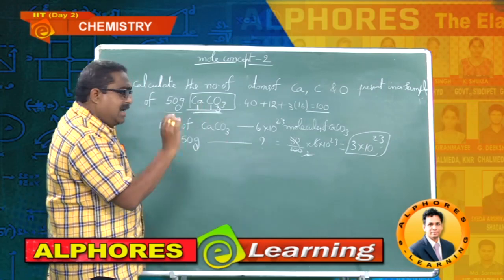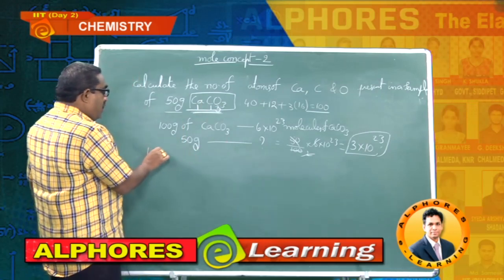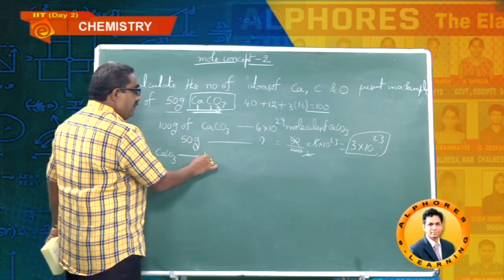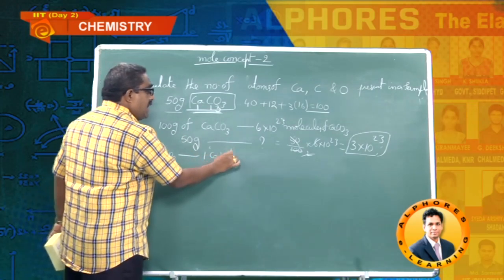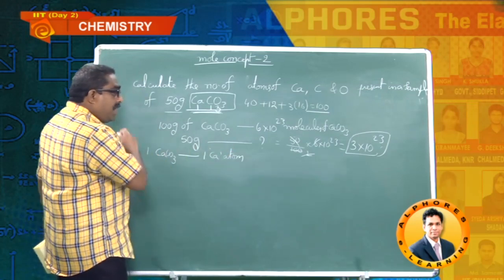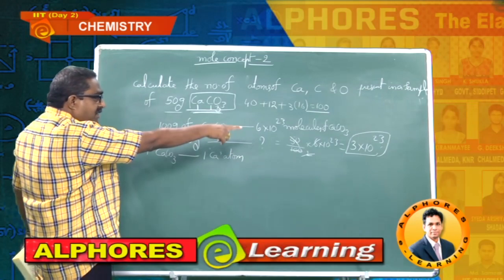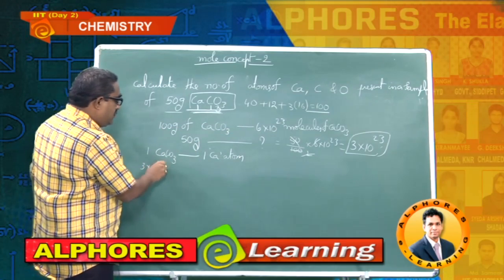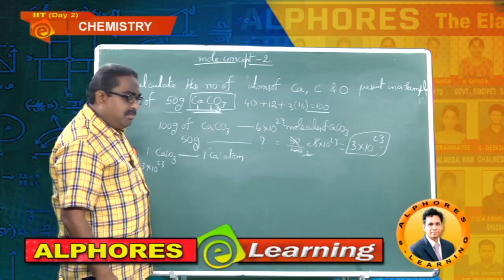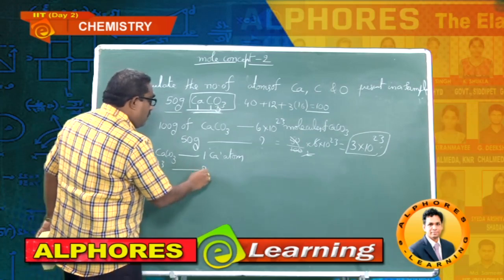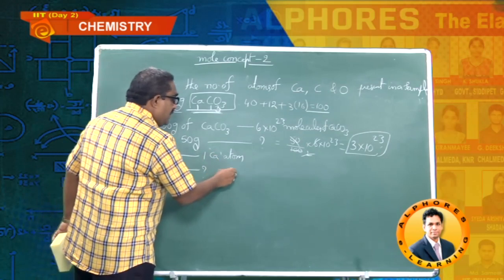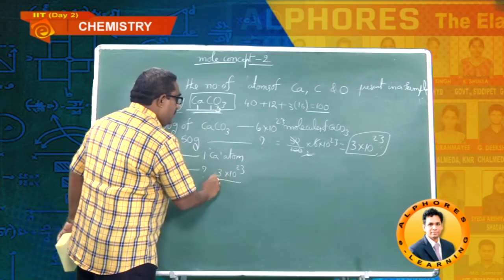Now I can write like this: one CaCO3 molecule contains one calcium atom. But how many such species do I have? 3 into 10 power 23 species of calcium carbonate. So the number of calcium atoms is 3 into 10 power 23.